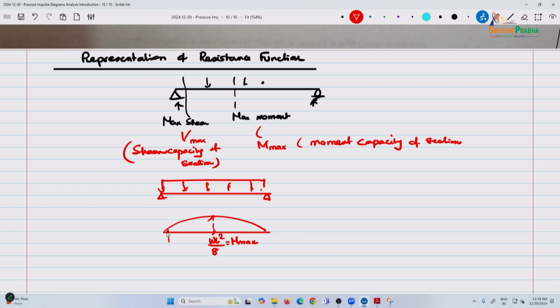When we put an equivalence to it, the actual moment is WL squared by 8, but when we represent this, it is not exactly like a point load.